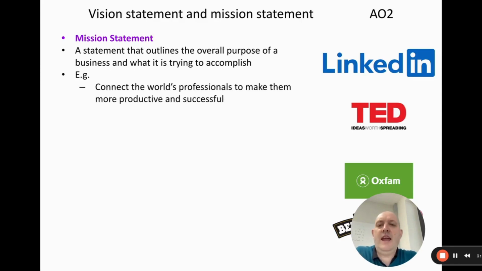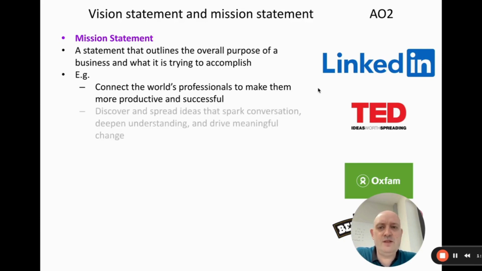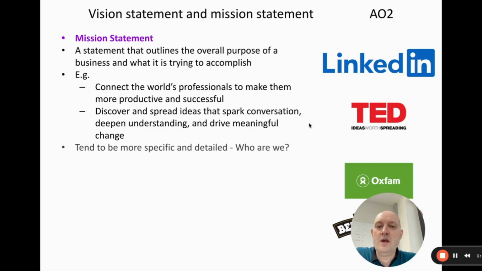Some examples: connect the world's professionals to make them more productive and successful. This would be LinkedIn. So this talks about what they're trying to achieve in their business. The second one is discover and spread ideas that spark conversation, deepen understanding, and drive meaningful change.